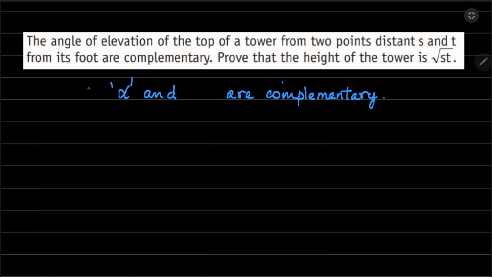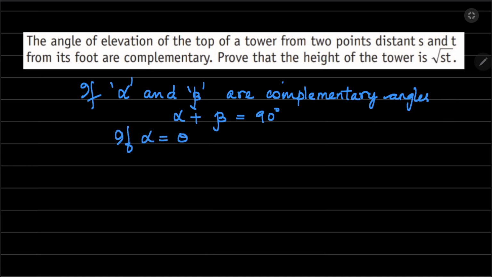If alpha and beta are complementary angles, which means what? The sum of alpha plus beta is equal to 90 degree. Right? If alpha is equal to theta, then what will be beta? Beta will be equal to 90 minus theta. This is what it means when you say complementary.